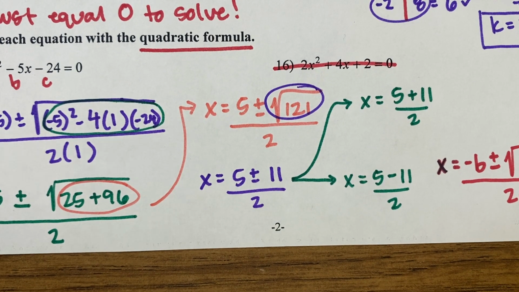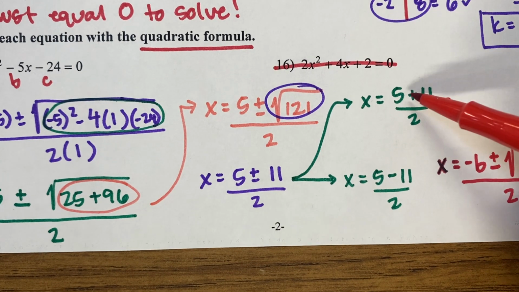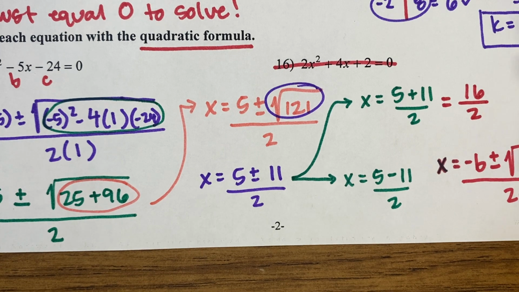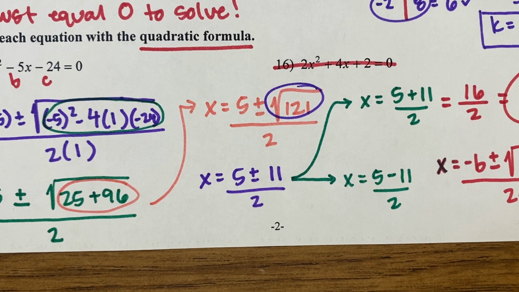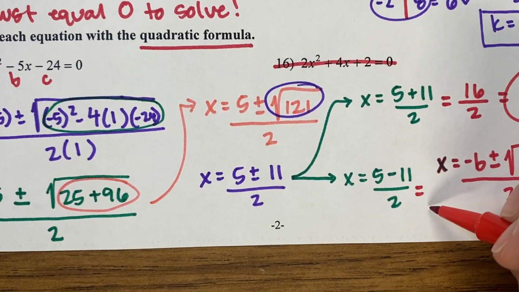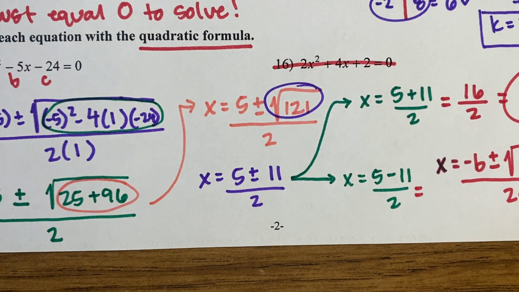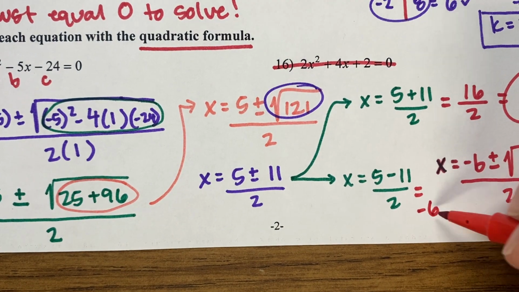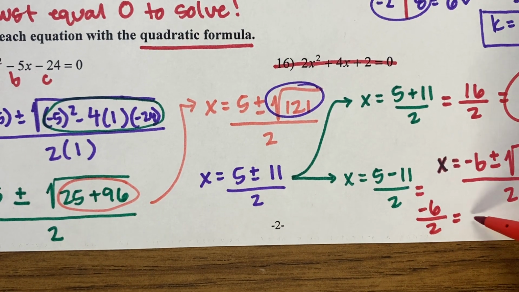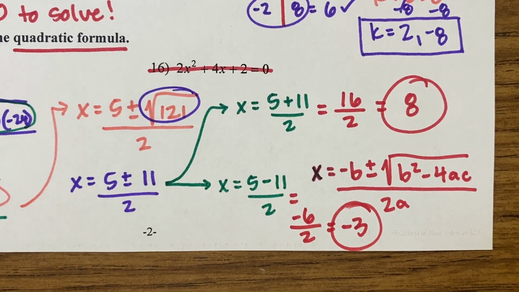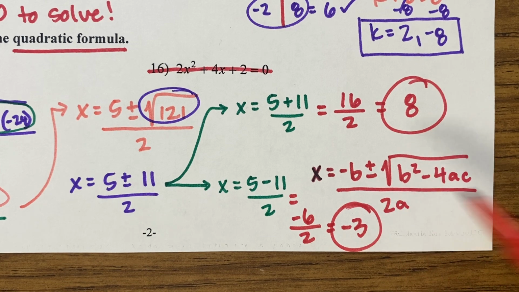Let's solve this. 5 plus 11 is 16, divided by 2. 16 divided by 2 is positive 8. There's my first answer. Second answer, 5 minus 11 is negative 6, I believe. Let me double check that. Yep, negative 6 divided by 2 is negative 3. So my second answer is negative 3.